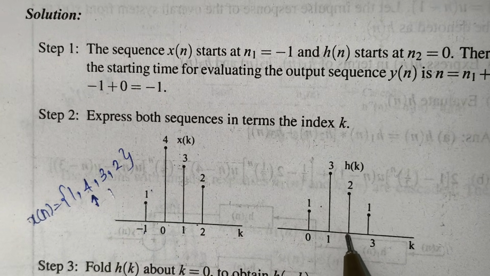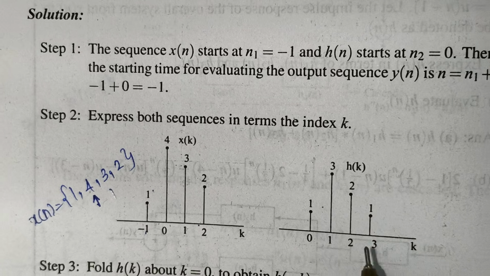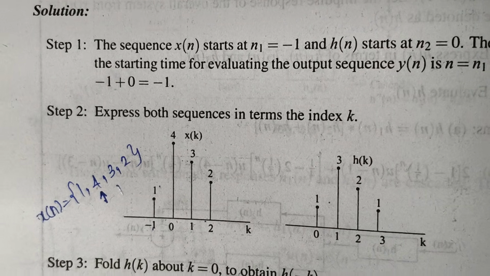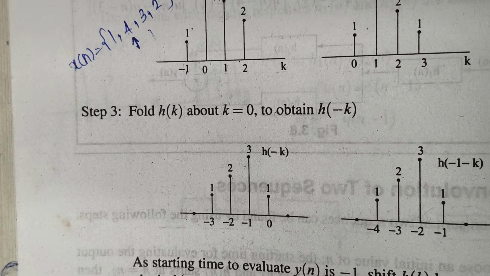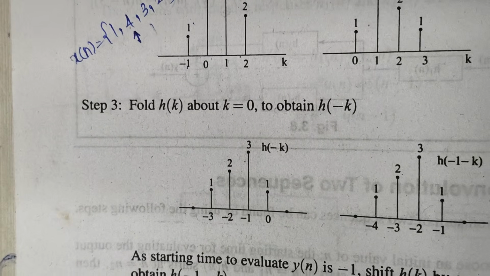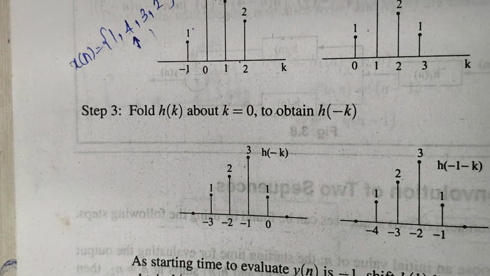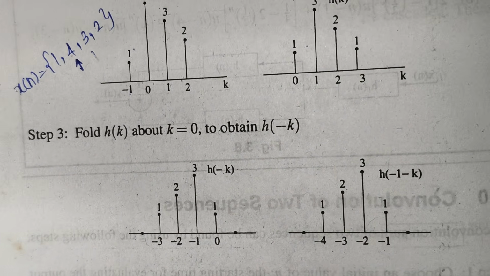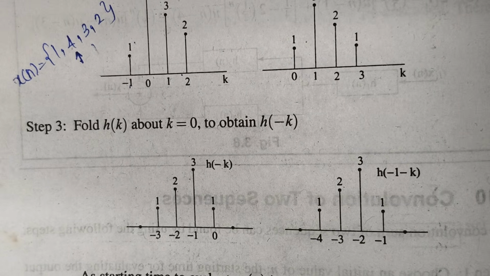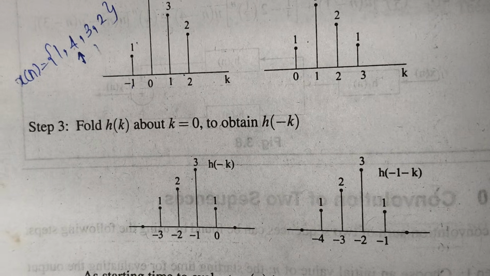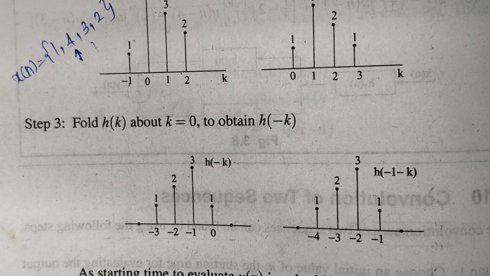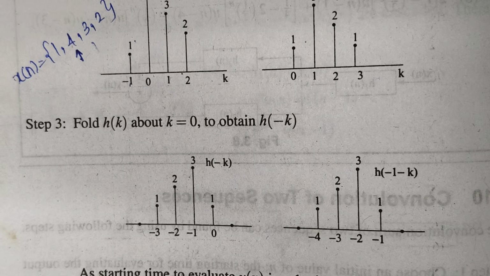Similar to that, I am also representing the signal h of k in terms of the graphical method. Okay. Next, I am going to find the signal h of -k, because first I'll define the signal in case of the graphical method. Next, I'll change the index part to k.